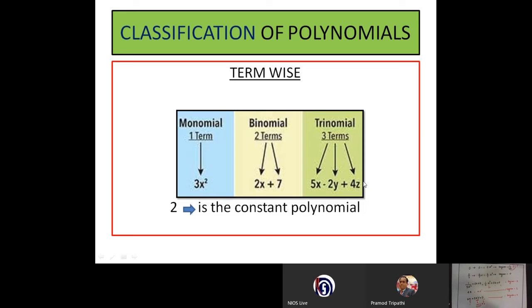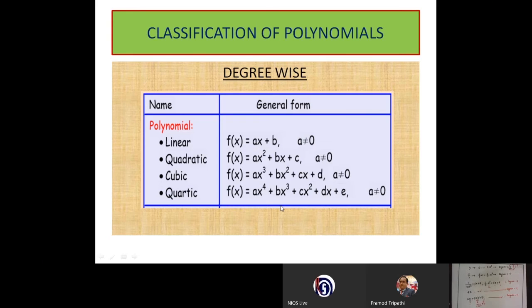So the degree of each term is 1. Hence this trinomial 5x minus 2y plus 4z is a linear polynomial. In the case of the binomial 2x plus 7, x has the exponent 1, so the degree of the first term 2x is 1, and the degree of this polynomial is 1. Hence it is a linear polynomial.